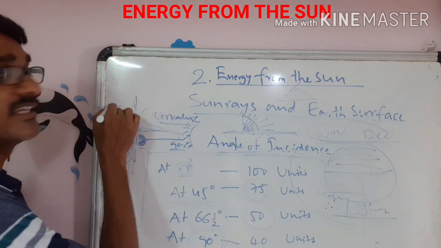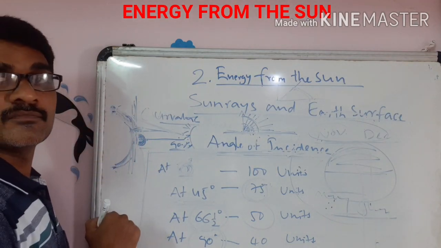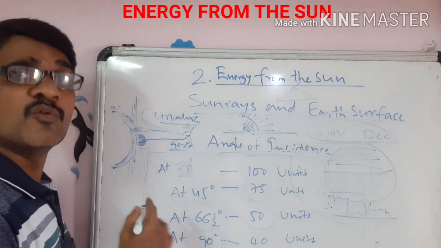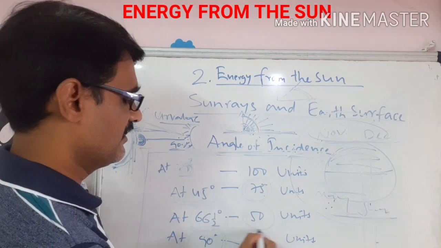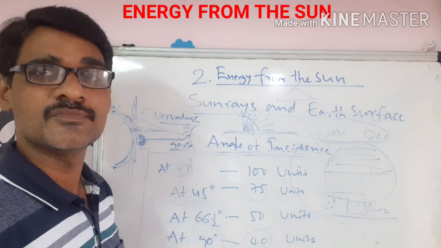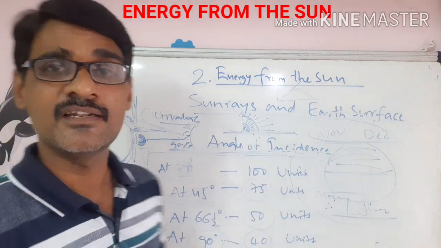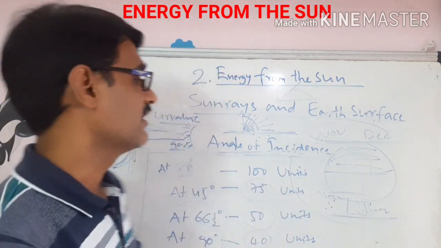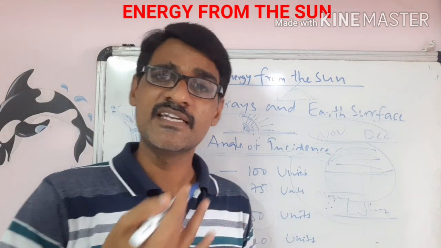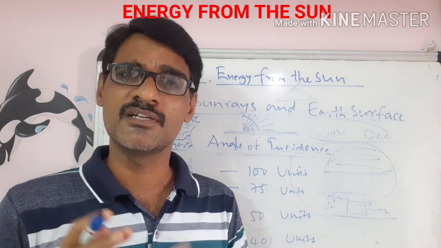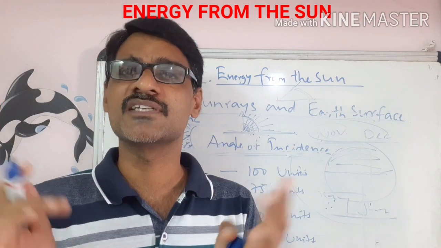And at 90 degrees, the sun rays fall even more slantingly, so it receives only 40 units. So this is the variation in the angle of incidence. This angle of incidence causes the variations in the temperature also.